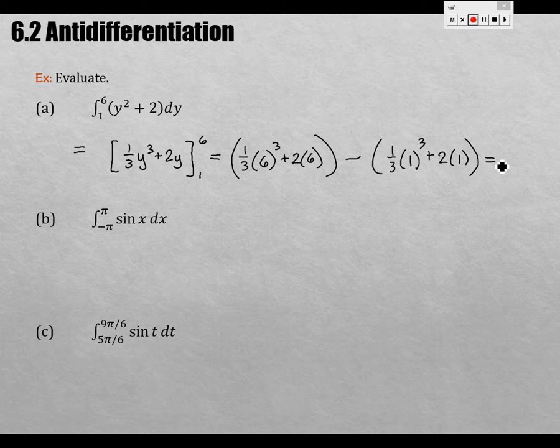Work on B and C while I pass out your homework.